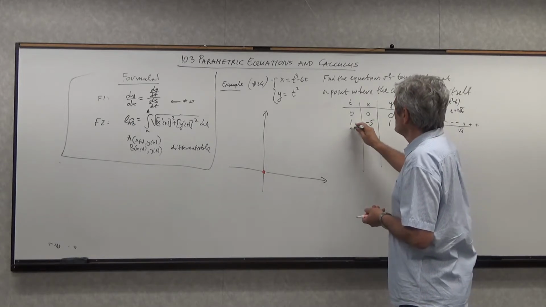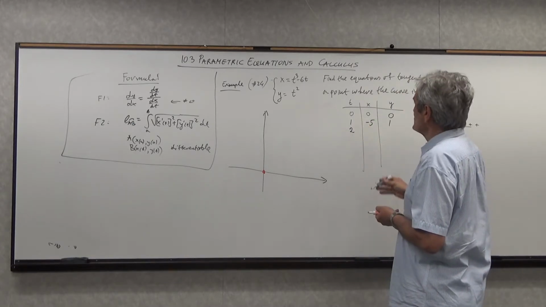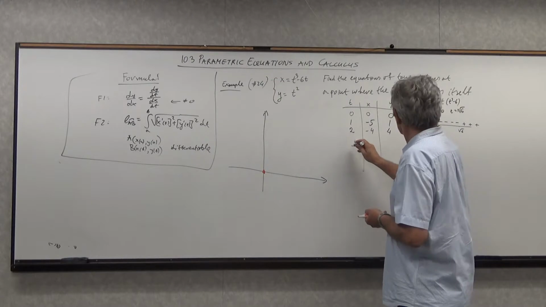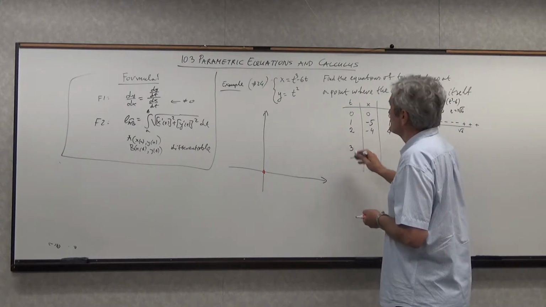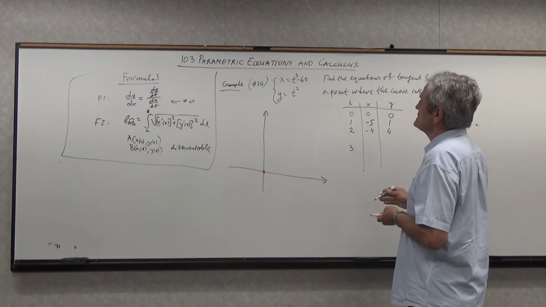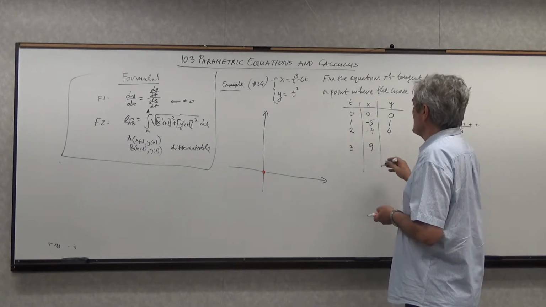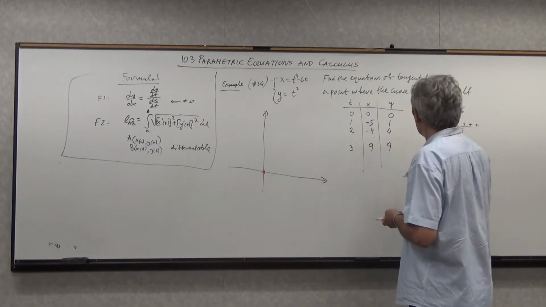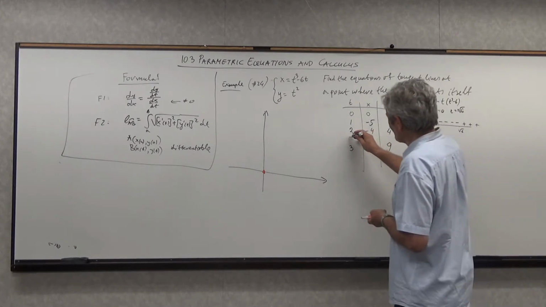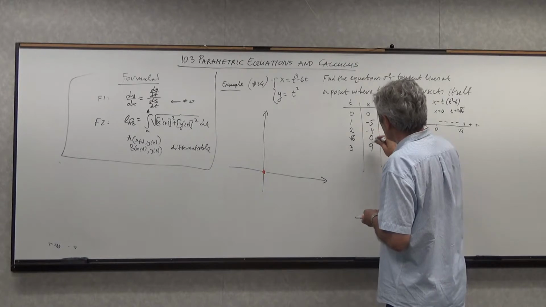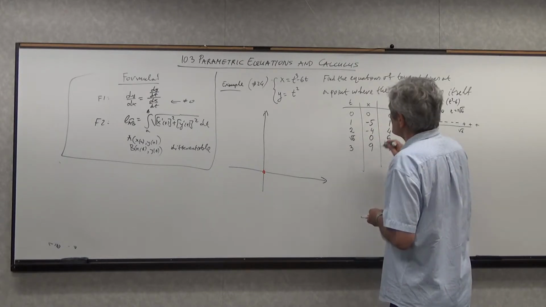When t is 2, x will be negative 4, and y will be 4. And when t is 3, x will be 9, and y would also be 9. So we cross that square root of 6. At square root of 6, x reaches 0, and y reaches 6.